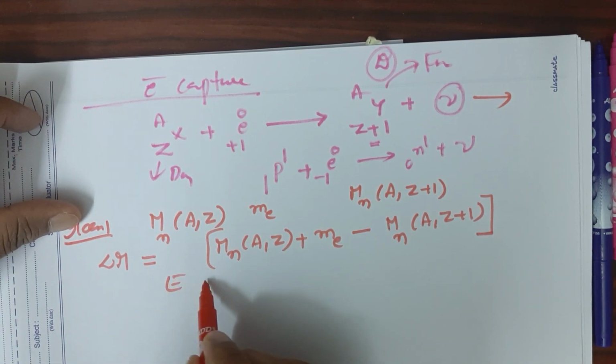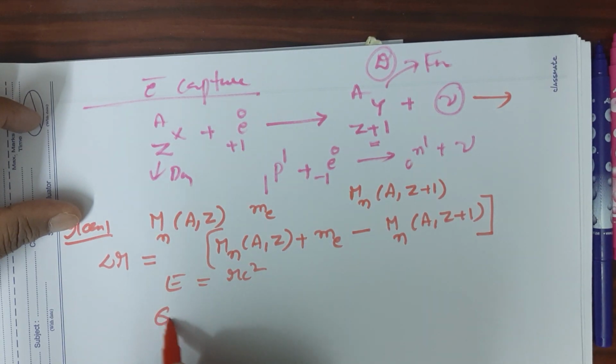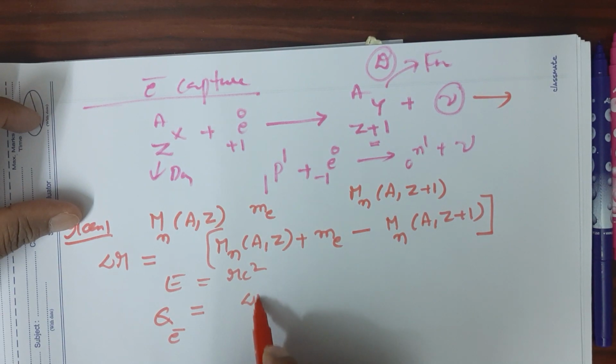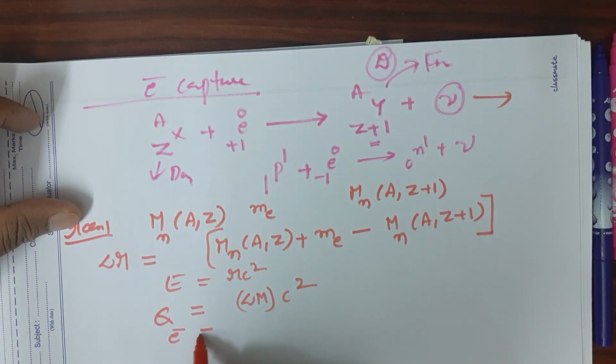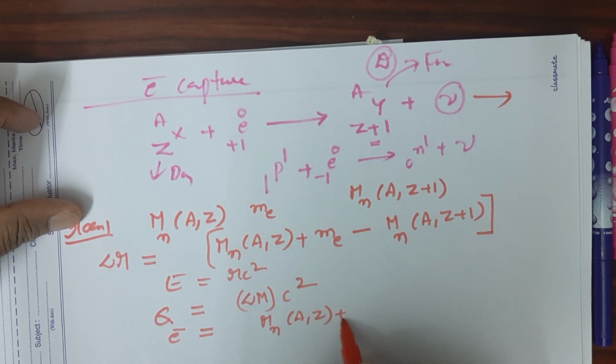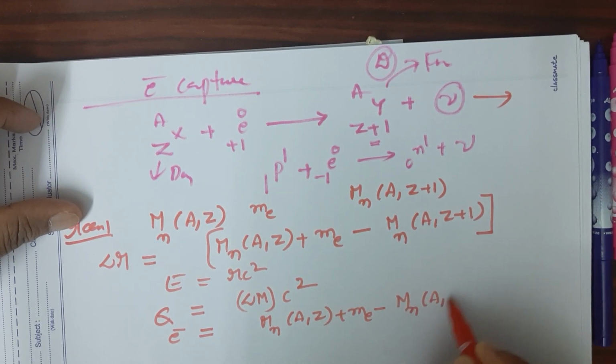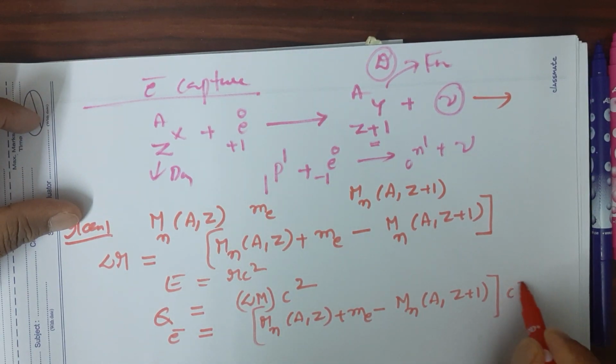Then from Einstein's mass energy relation, E equals mc square, the energy released in this process, that is the disintegration energy, equals delta M into c square. That equals Mn of AZ plus Me minus Mn of AZ plus 1, into c square, right?